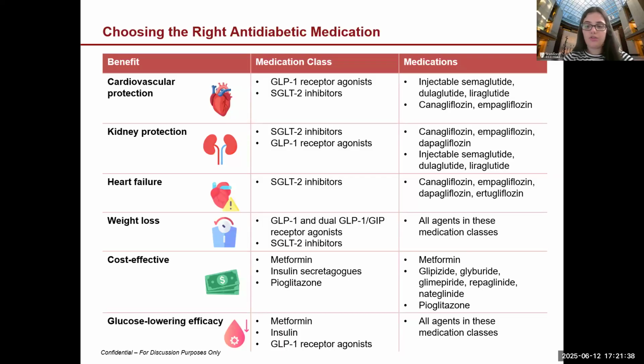So, for example, if a patient has heart disease, kidney issues, or even wants to lose weight, then certain medications such as the SGLT2 inhibitors or GLP-1 receptor agonists, which are very familiar nowadays, may be preferred. These include the Ozempic and Mounjaro medications. These medications may be preferred if you have other comorbidities. This approach will help us personalize treatment and also manage more than just the diabetes.